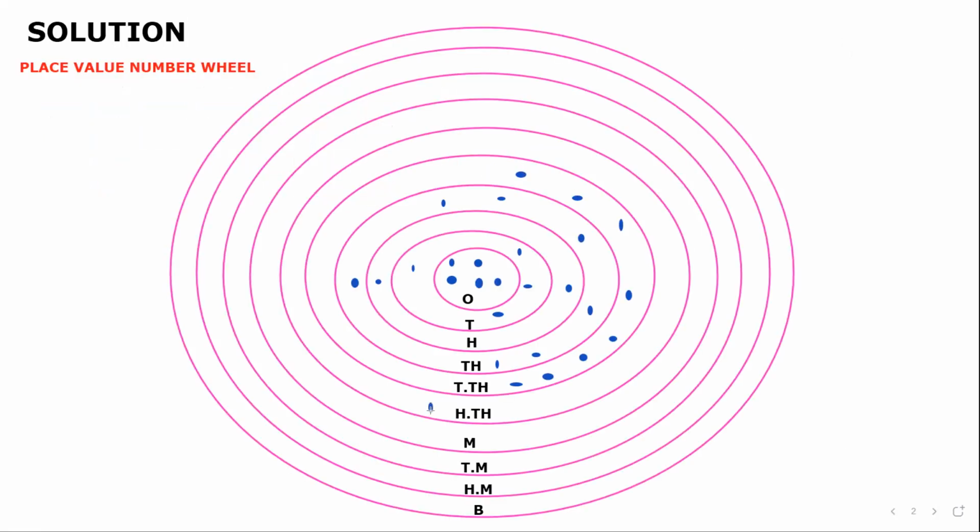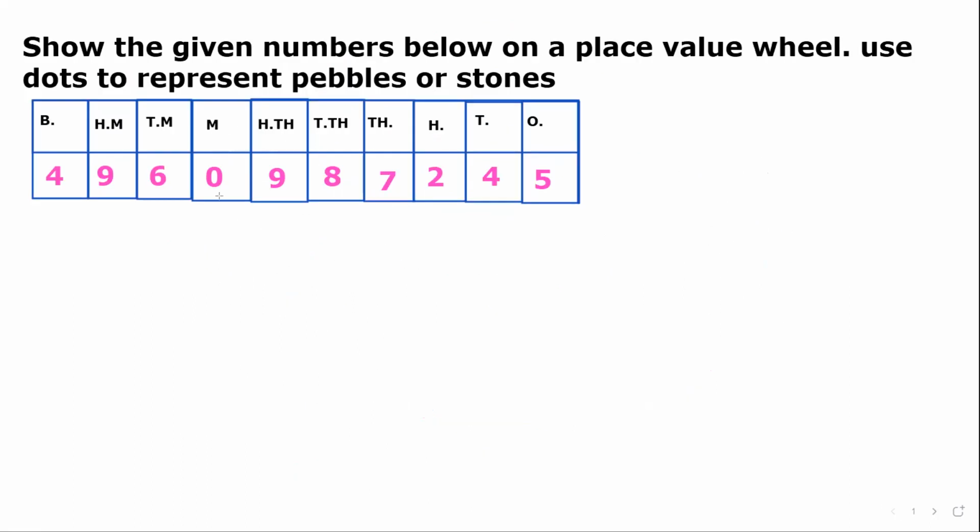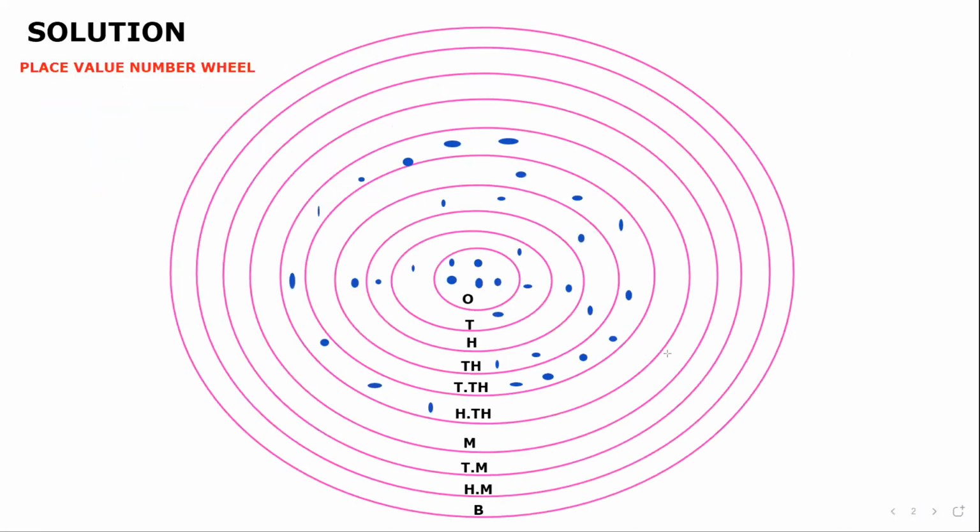Then 1, 2, 3, 4, 5, 6, 7, 8, 9. Then the million is 0. So the million is 0, so you do not model anything here. You leave it empty like that.